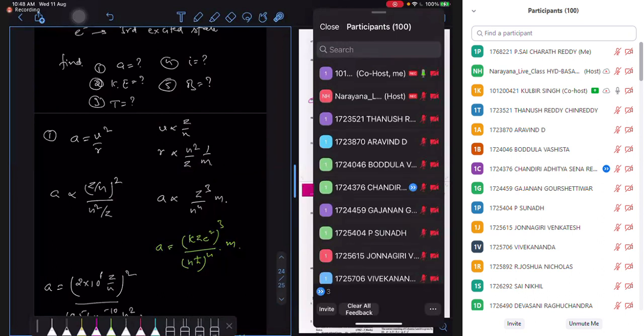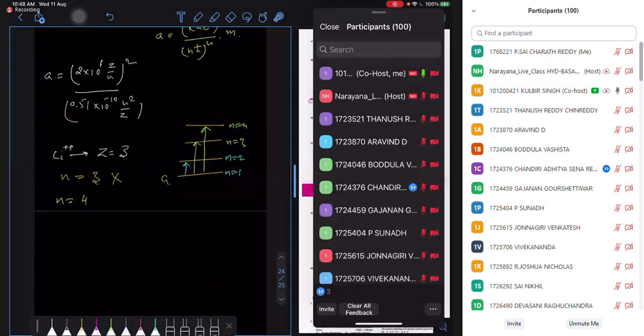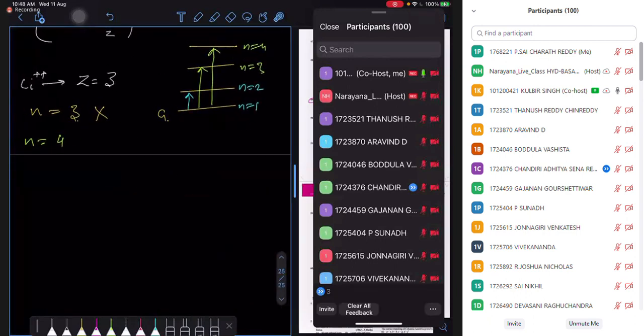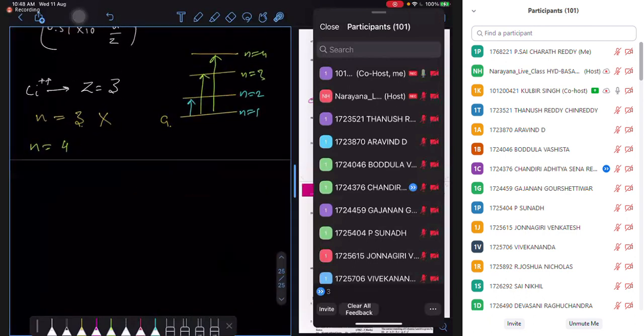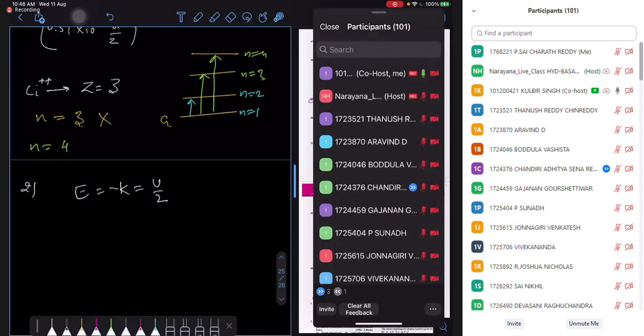Next you can easily tell me the kinetic energy and time period. If I write kinetic energy, I told you kinetic energy is the same as total energy but with the opposite sign. The total energy is negative, so kinetic energy becomes negative of negative, positive.